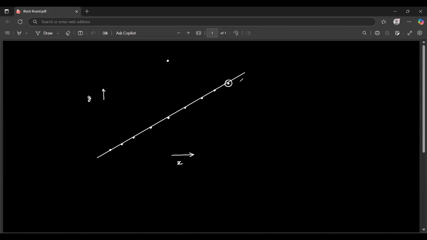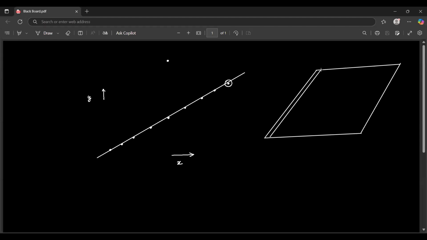And then if you consider a plane, I will draw the plane like this, maybe it looks like a parallelogram. But I want you to imagine it in a three-dimensional space. A plane has an infinite number of lines, like this, or in this direction, or even in this direction.